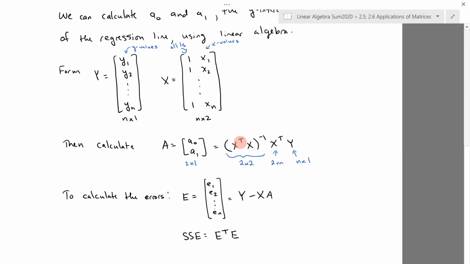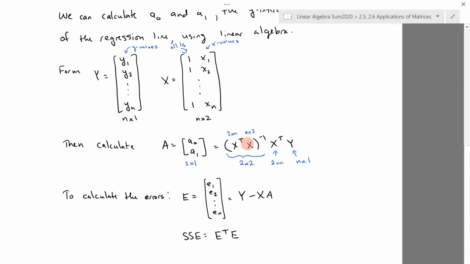So you multiply X transpose X. Transpose switches the rows and the columns, so X transpose is a 2 by n, and X is an n by 2. So you can see X transpose X forms a 2 by 2 matrix.